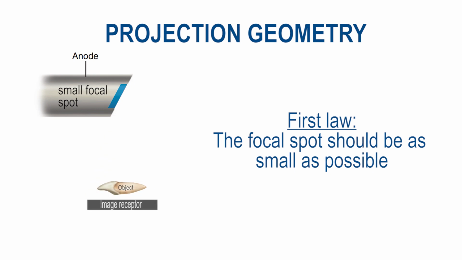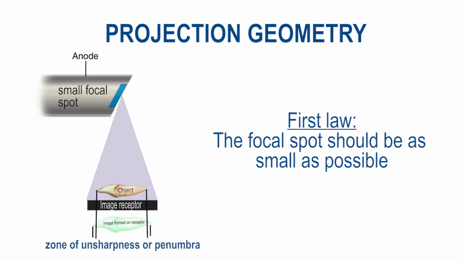When X-rays are produced at the target in an X-ray tube, they originate from all points within the area of the focal spot. Because these rays originate from different points and travel in straight lines, their projections of an object do not superimpose at the same location on an image receptor.